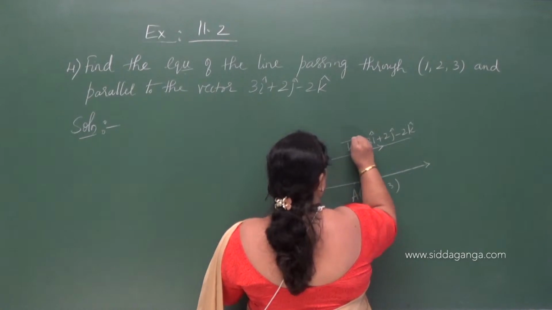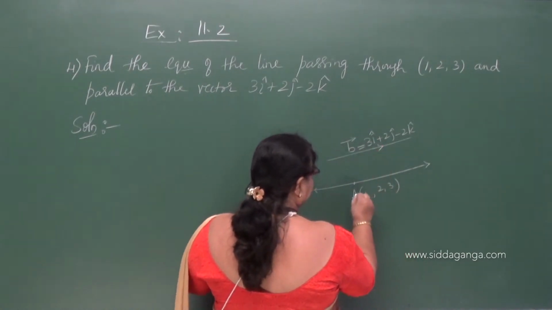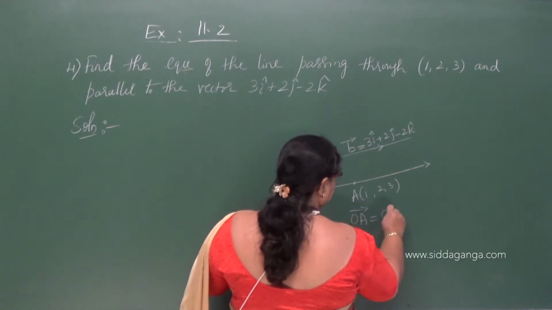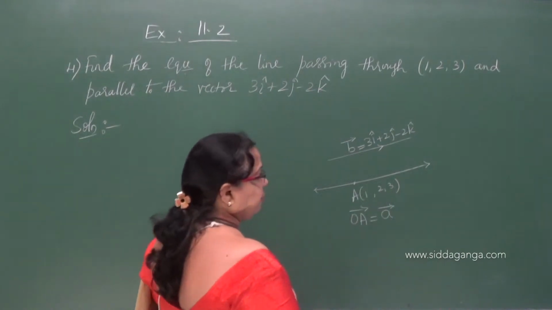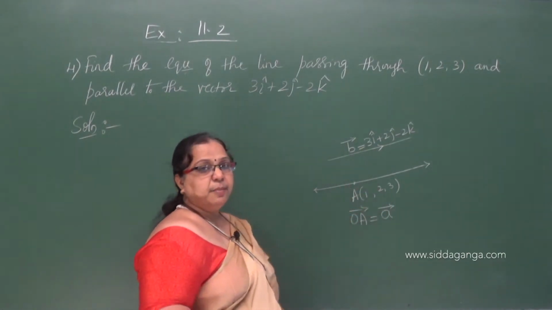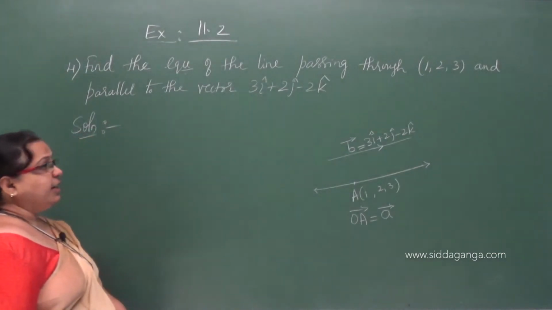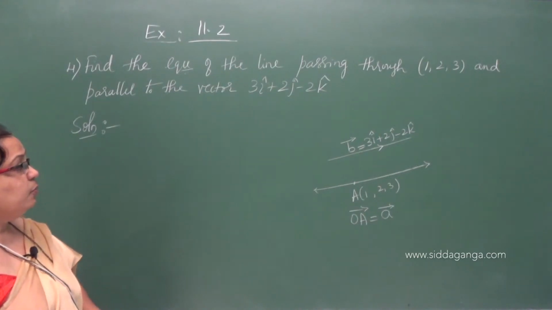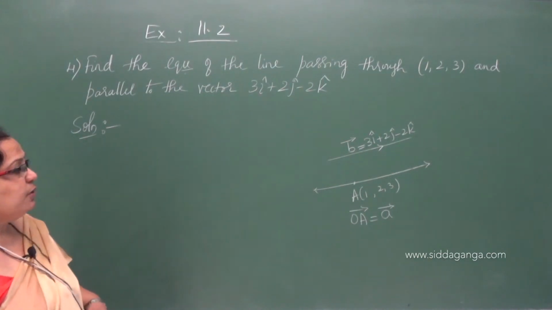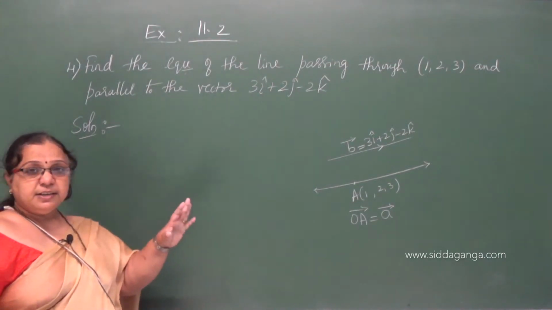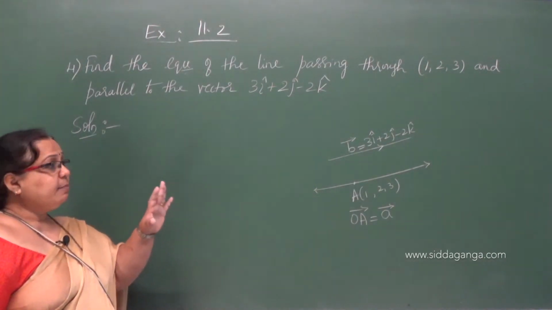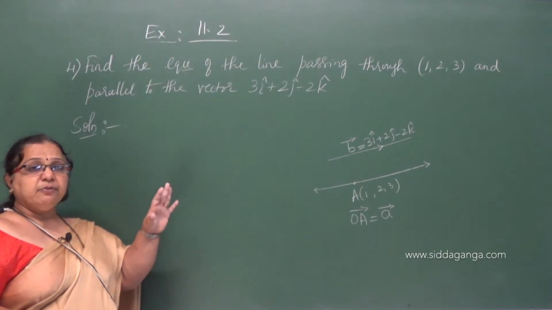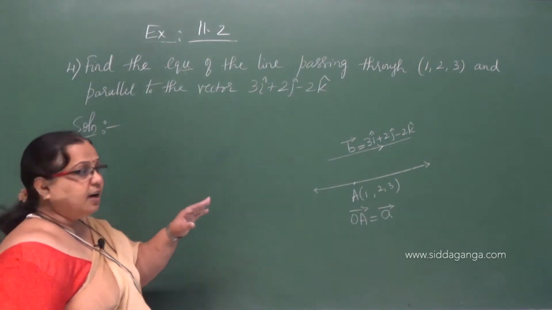I take this as vector b, and the position vector of the point as vector a, written in terms of i, j, k. Now this is according to theorem 1. We have to write the equation both in vector form as well as in Cartesian form.